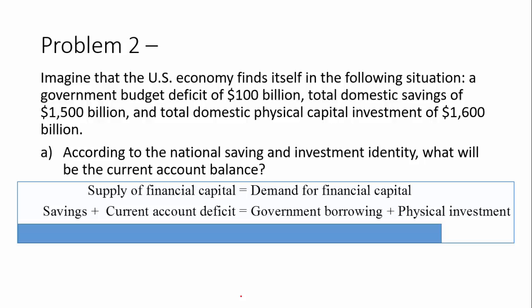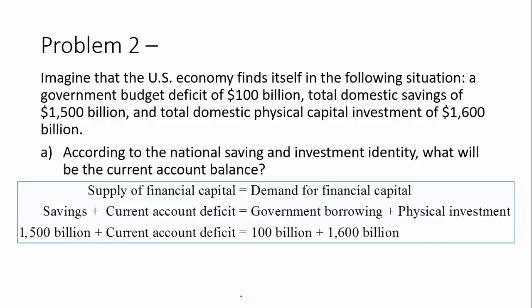Okay, so under the blue here, now we're going to say, what is our current account balance? In this case, we have total domestic savings, right? These are the people, households, and firms that are saving their money. So that's our 1,500 billion there. And then we know the current account deficit is going to be netted out on that to get our supply.